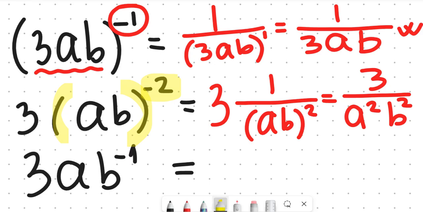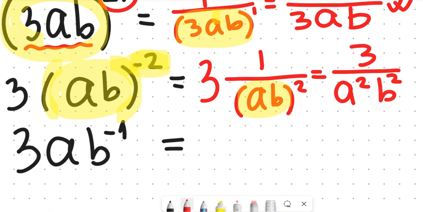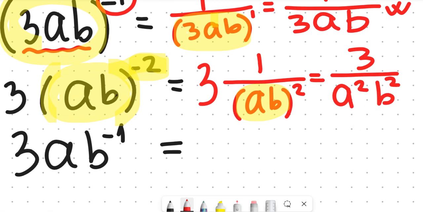Notice how in the first question, everything was in brackets, so everything goes down. Notice how in the second question, only a and b were raised to the power of minus 2, so only a and b will be in the denominator. Now in the third question, we see that b is the only thing that is raised to the negative 1. So b is the only thing that goes down.